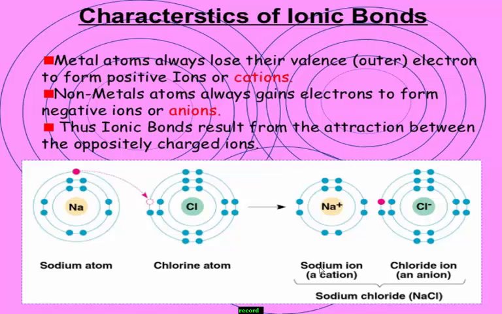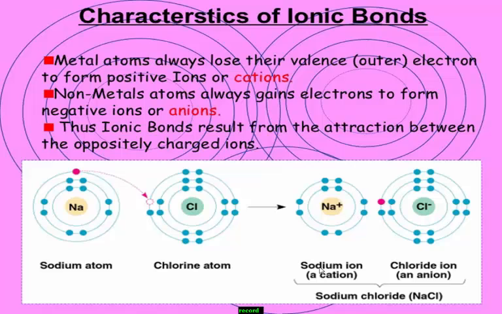If you take an example, Mg, I write +2, Na +1, because the metal atoms always give the electron. Non-metal atoms always gain electrons to form negative ions. If you take an example, Cl, we write minus charge on the Cl because it is a non-metal and it always gains electrons to form a negative ion.